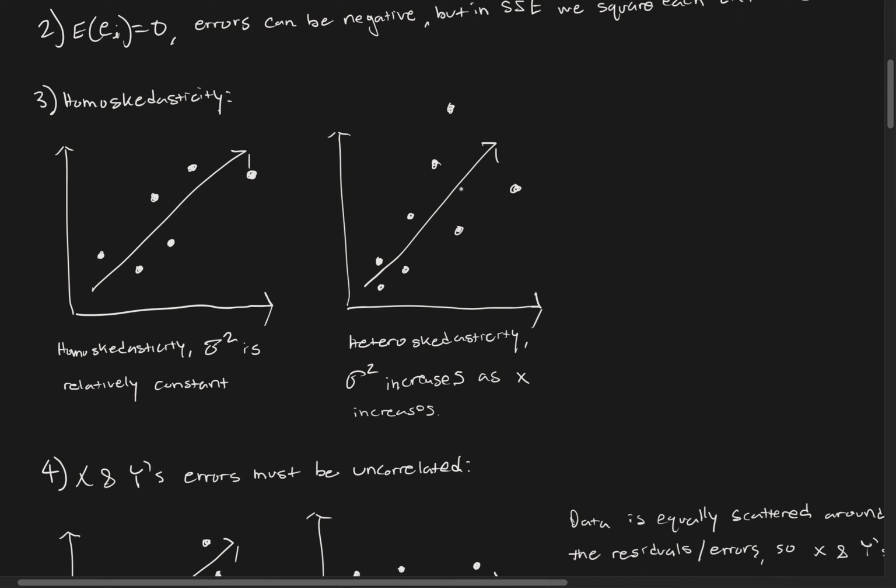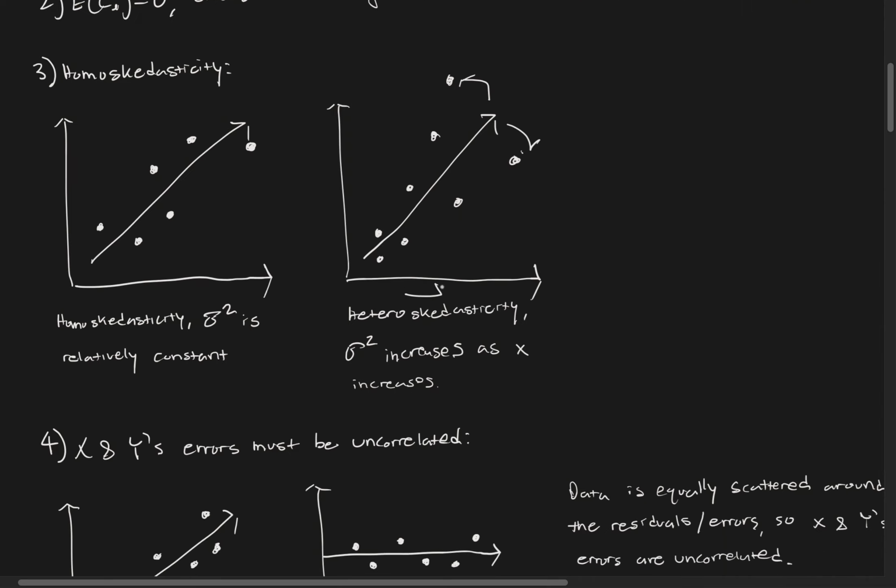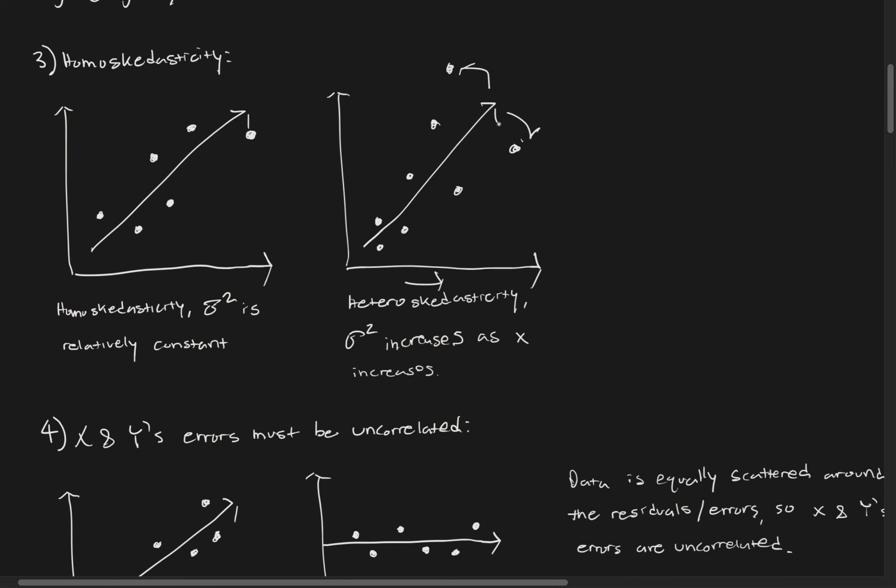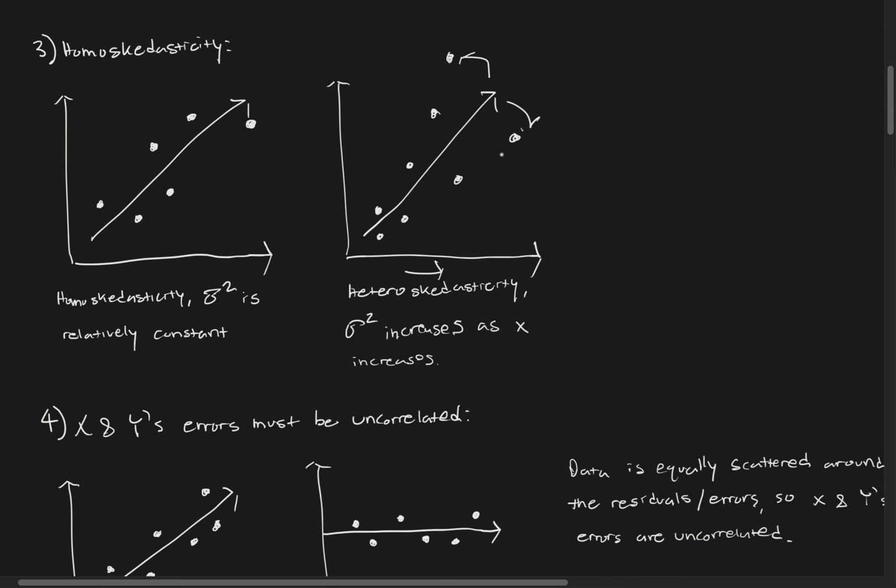However, in the second graph, as our x increases, the variance, or the difference between these data points and our fitted line, is increasing as we go further along the x-axis, because these data points are relatively smaller compared to the ones further out. And obviously, it can be the other way. For homoscedasticity, it just has to be constant.